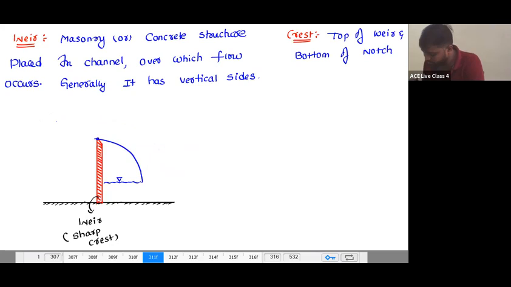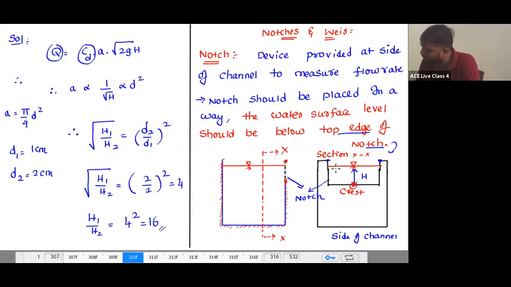You can observe this thin sheet of water that you are seeing here. This is known as a nappe. So this thin sheet of water is known as a nappe, and the water over here also is going to be the nappe.